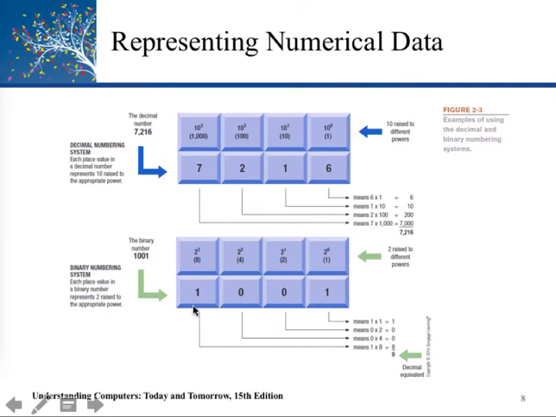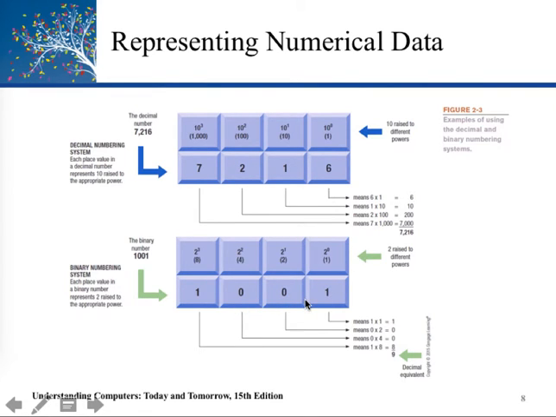Now you can see how this would work. We could have made a 6. If we wanted a 6, we could have had a 0 in the last column, a 1, and a 1, and that would have been 4 plus 2, which would have given us 6. We also could have had a 7. If we had a 1 in the first, a 4 by a 1 there, a 2 by a 1 there, and a 1 here, we'd have had 7.